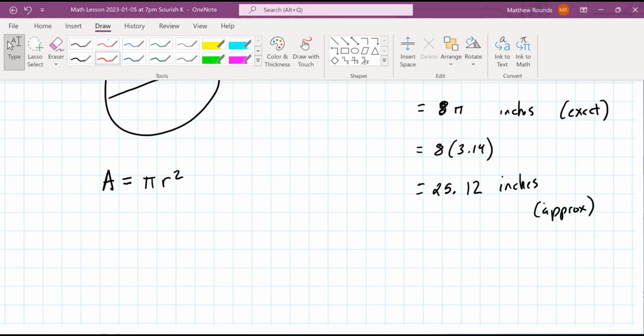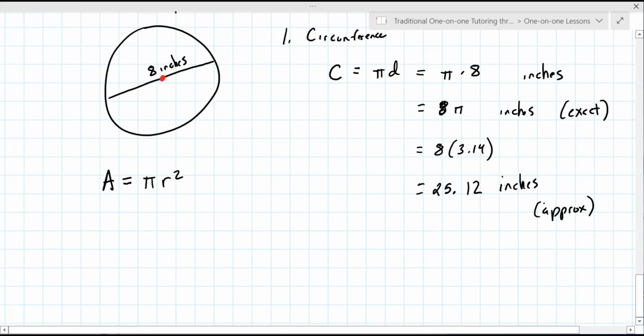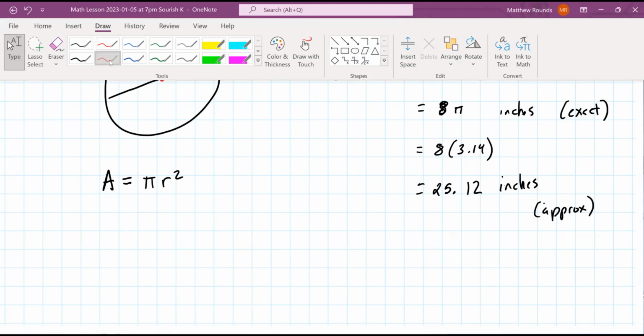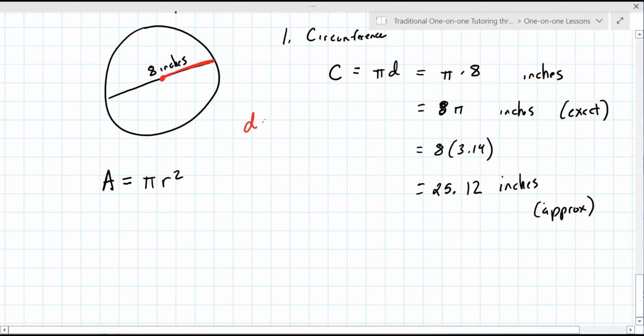Let me draw the radius. So there's the center of the circle. There's the radius. Now let me write the formula. The diameter is 2 times the radius.